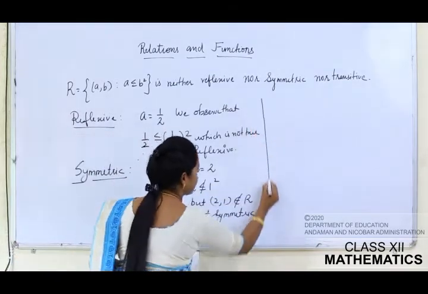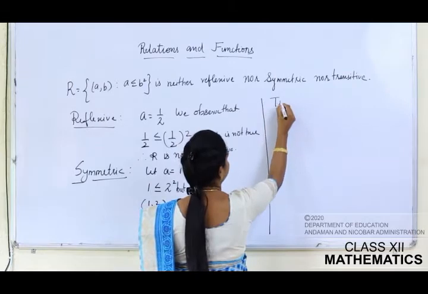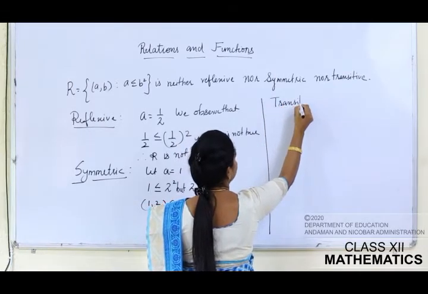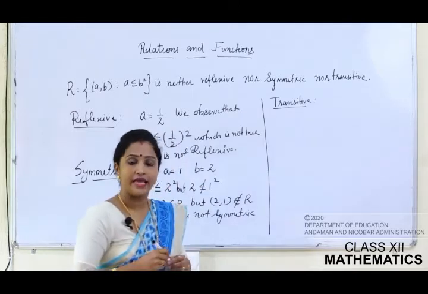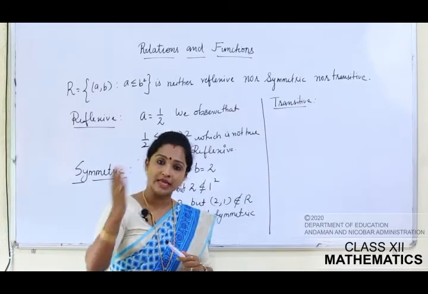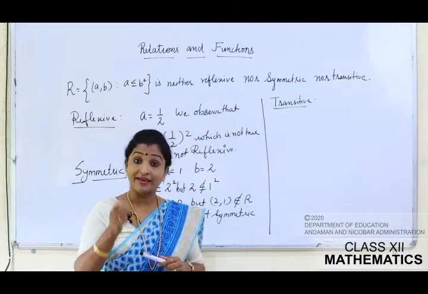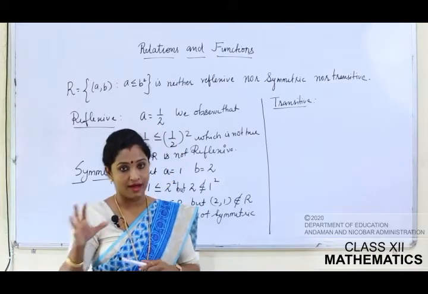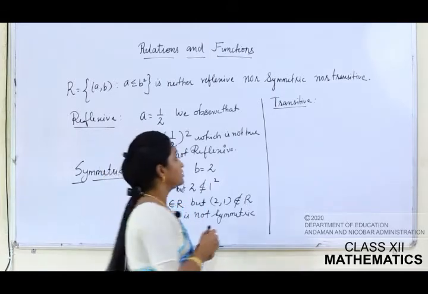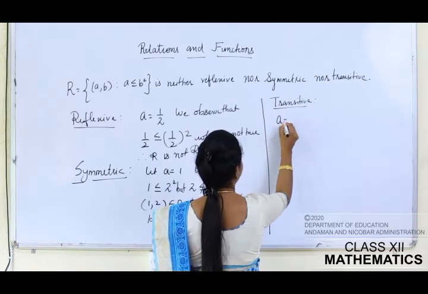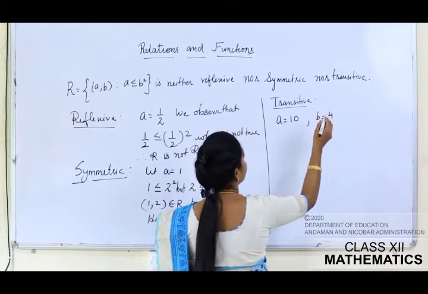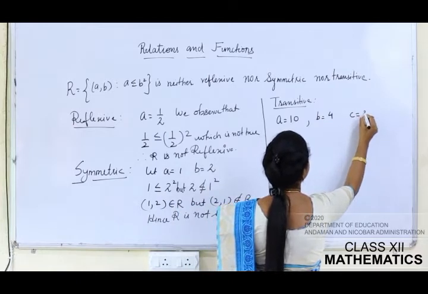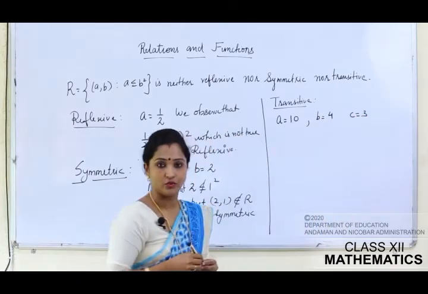Now, we will see the next part, that is transitive. Okay, we will see transitive. What is the meaning of transitive? AB belongs to R, BC belongs to R. Whether AC will be there in R or not, that we have to see. So, I am taking here, suppose I am taking A to be 10 and B to be 4 and C to be 3. Okay, I am taking these three values, correct?